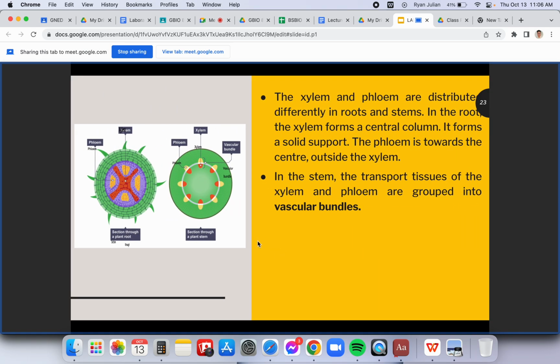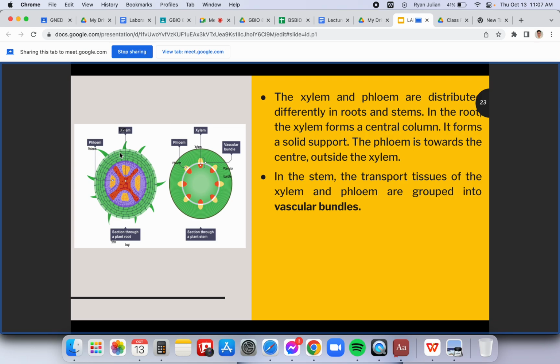Next slide, another cross section through a plant root. The difference between phloem and xylem. The xylem and phloem are distributed differently in roots and stems. In the roots, the xylem forms a central column, which is these spherical series that you are seeing right now.